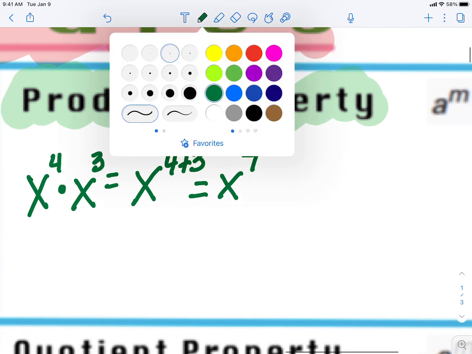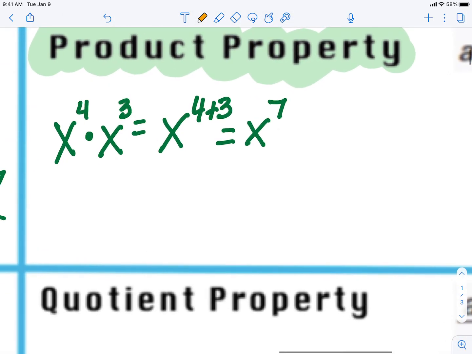Okay. Let's do another example. Let's change the color here. Let's do some orange here. It works with numbers as well. If we don't have letters, variables, it works with numbers. So I have 7 to the 25th power times 7 to the 11th power. Well, I have the same base, 7 and 7.